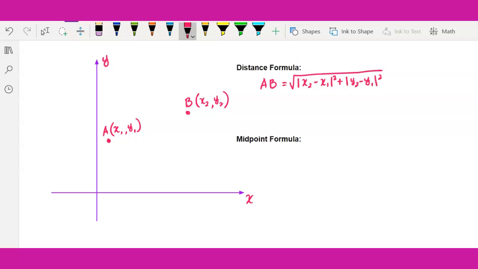That's the Pythagorean theorem part of finding the distance between 2 points.